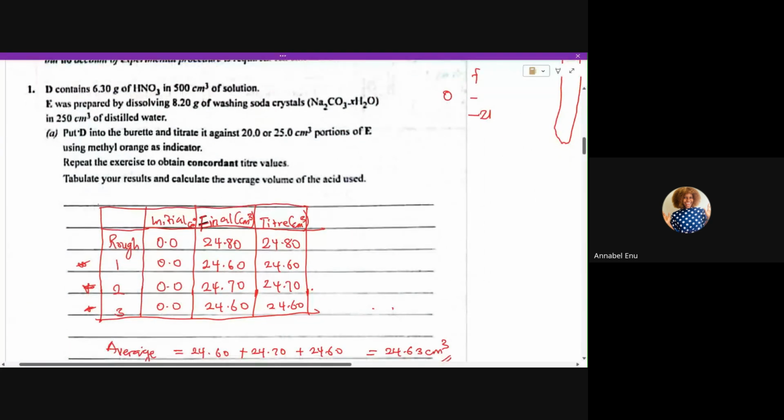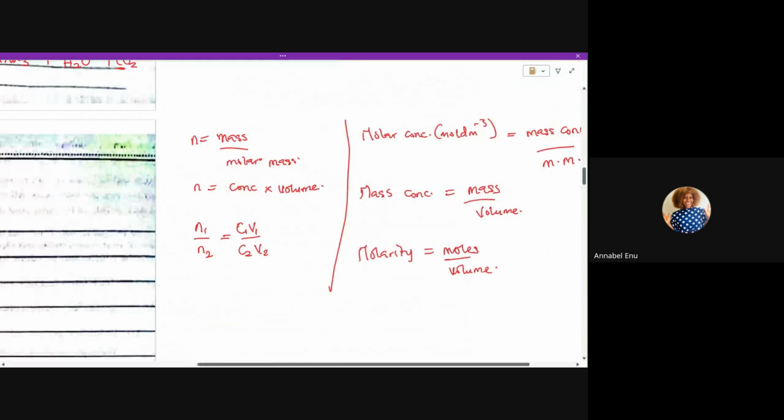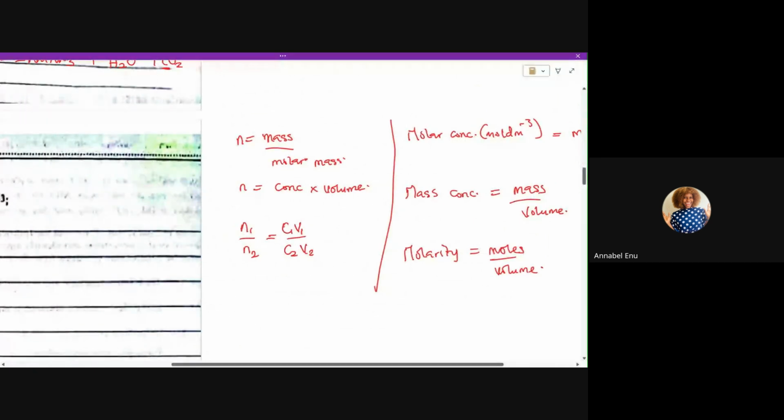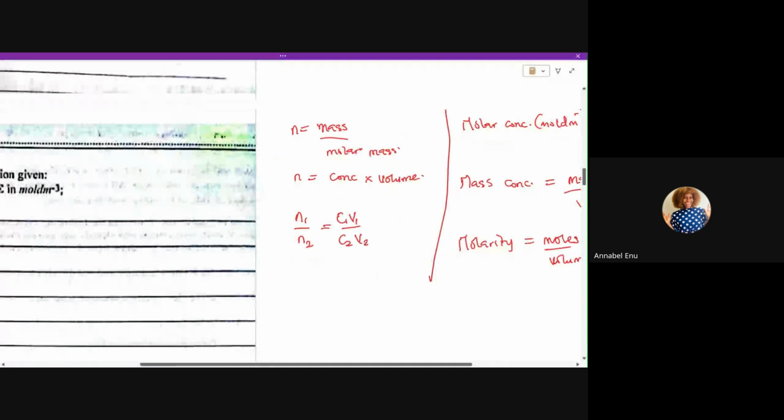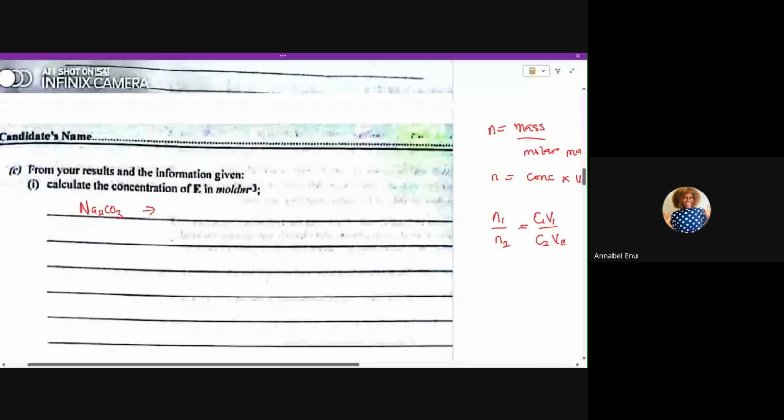So how about we now use the formula moles divided by volume? That also would not work. So what we can easily do here is to first of all find the concentration of our acid.